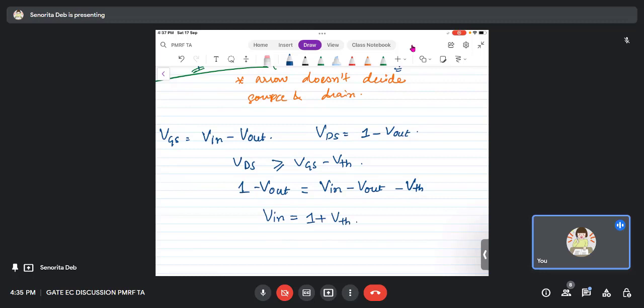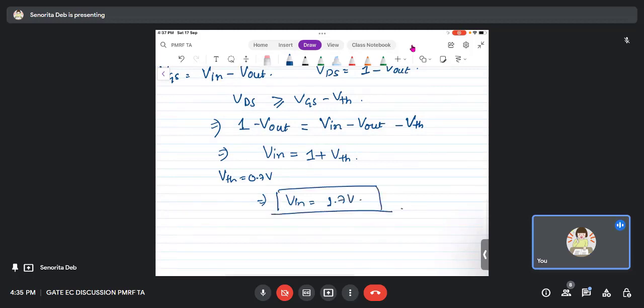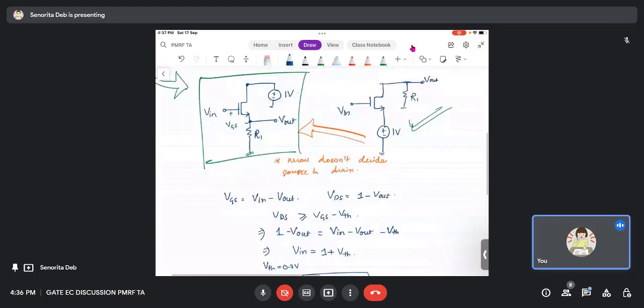And we had seen earlier in the question, VTH is 0.7 volts. This implies V in is greater than 1.7 volts. After V in has reached 1.7 volts, my MOSFET will reach saturation.